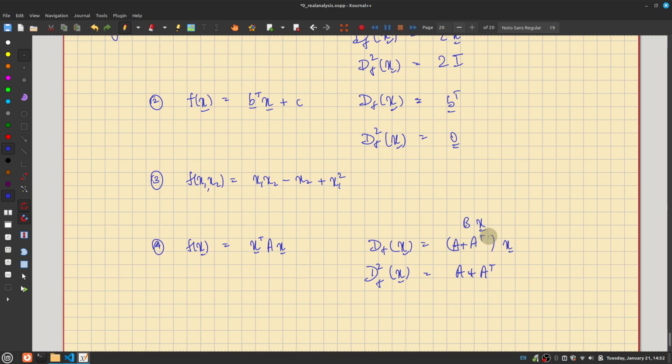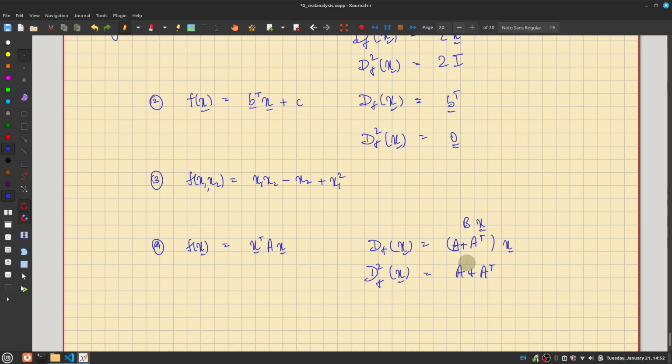But A plus A transpose is always a symmetric matrix, so the derivative of this is just df square, which is equal to A plus A transpose. Any questions?